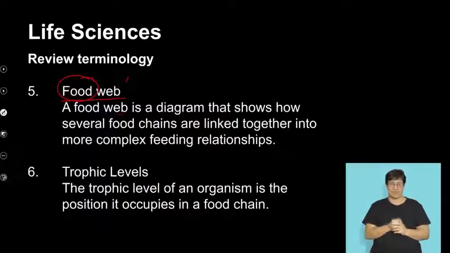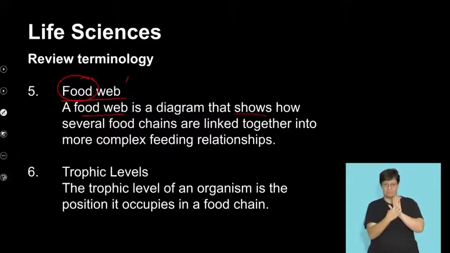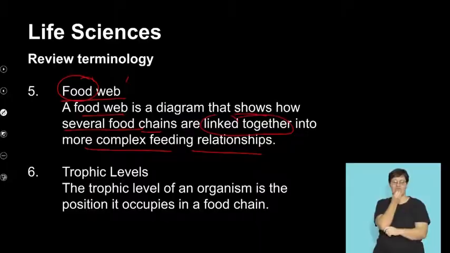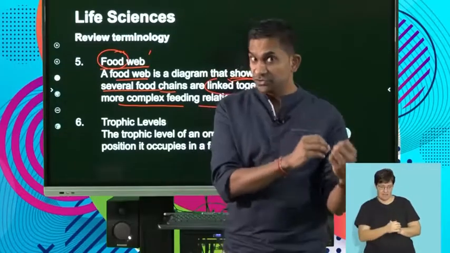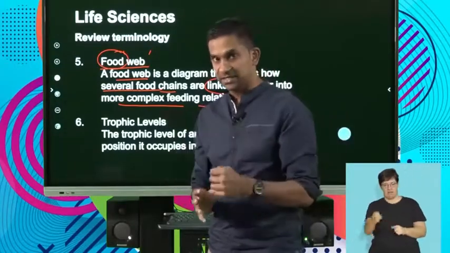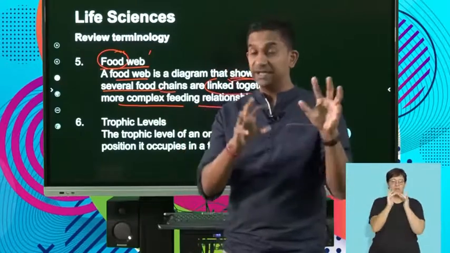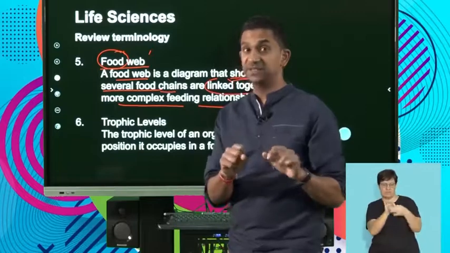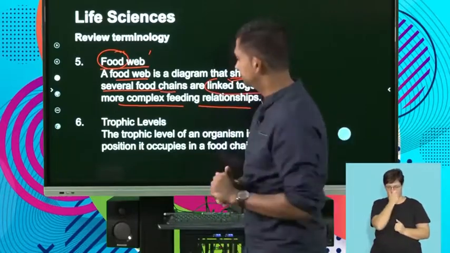So a food web is a diagram that shows how several food chains are linked together in more complex feeding relationships. Food chains show the unilateral movement from one to the next. A food web shows you the interconnectedness of the complex feeding relationships that exist in an ecosystem.